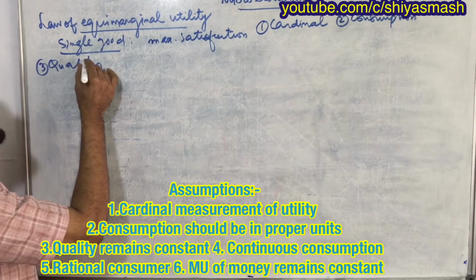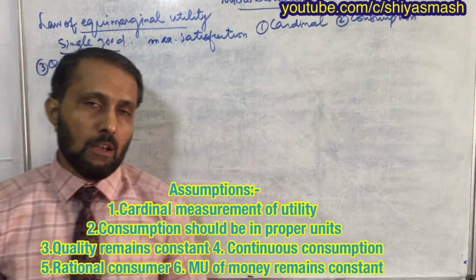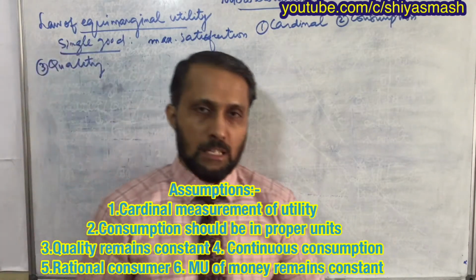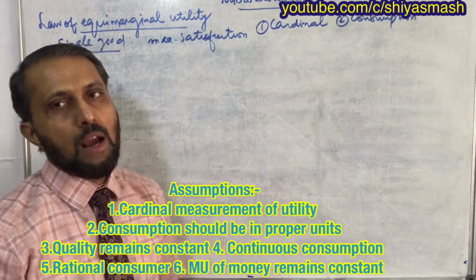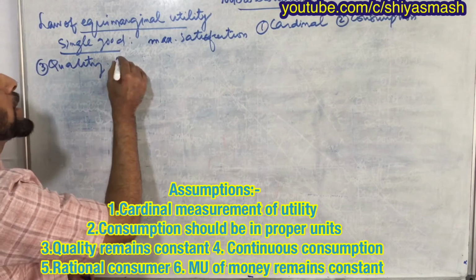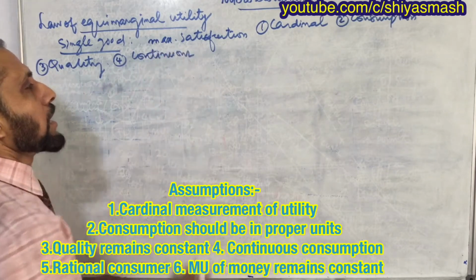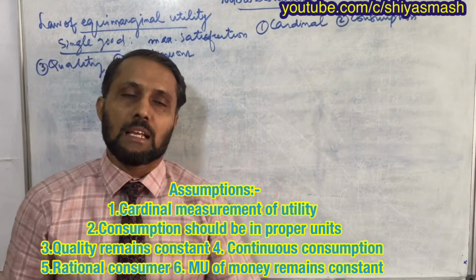The quality of the commodity we are using for consumption should remain constant. And fourth one is that consumption should take place continuously in the economy.